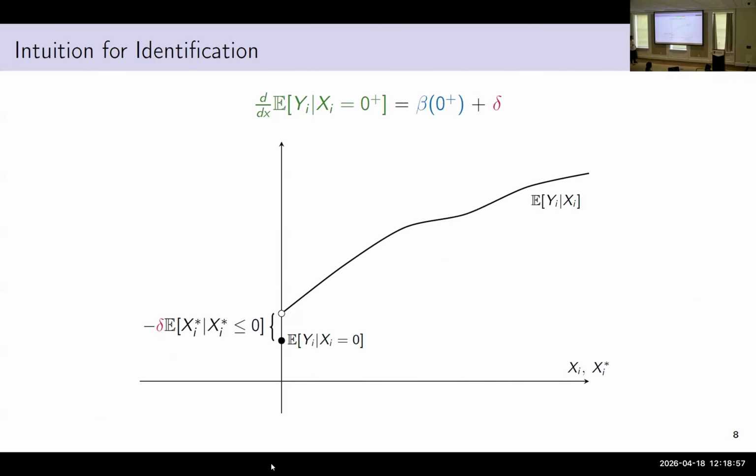What is nice about bunching is that this discontinuity, under the linearity assumption, maps to the selection bias coefficient that I want to identify to correct what I observe to get what I want, times this expectation of x star on the negative side that I don't know.